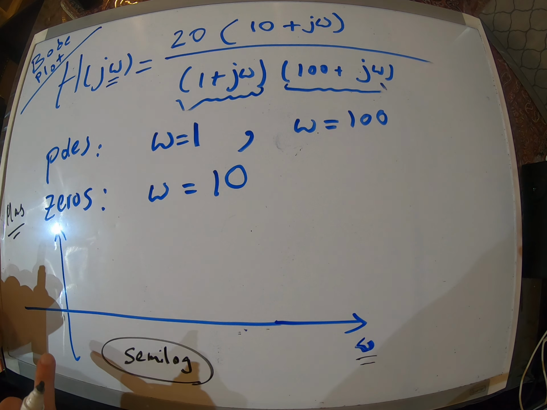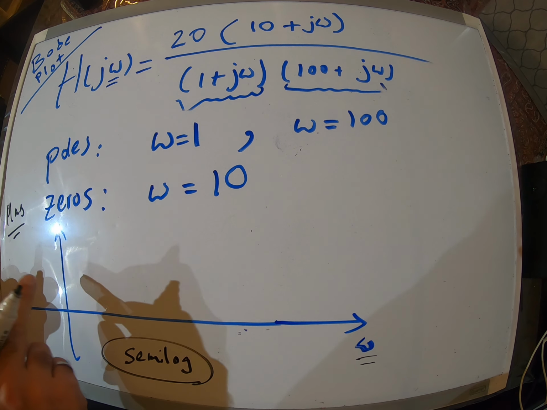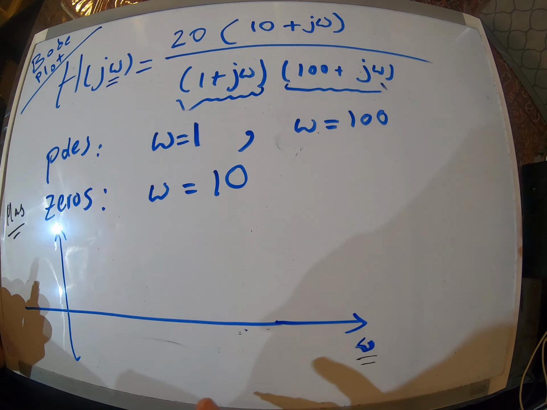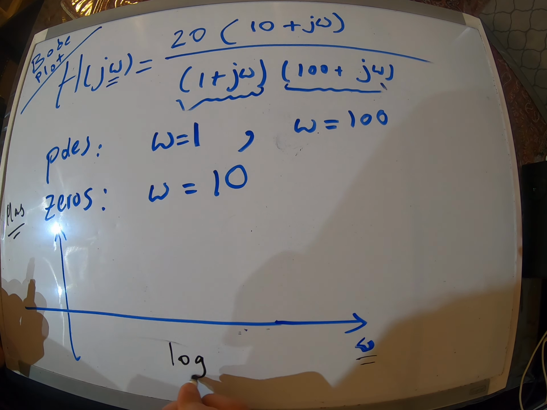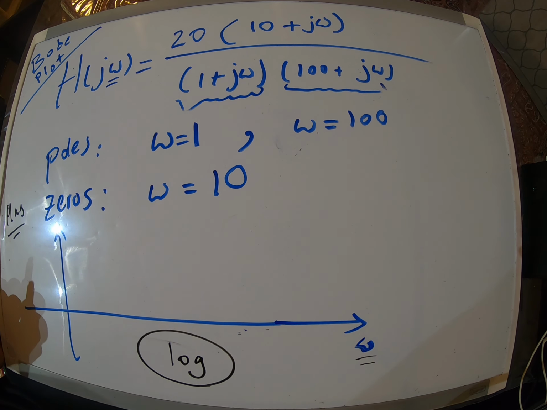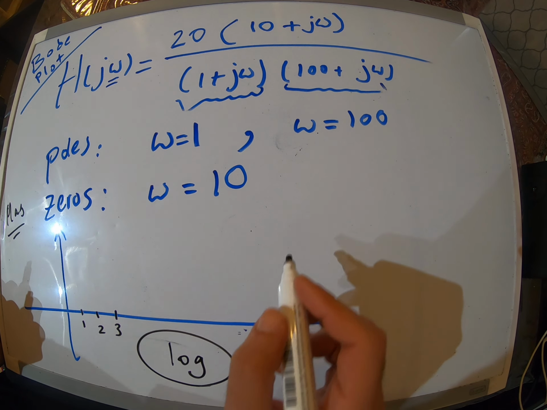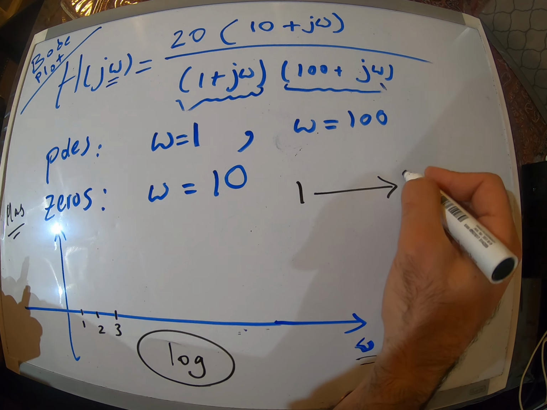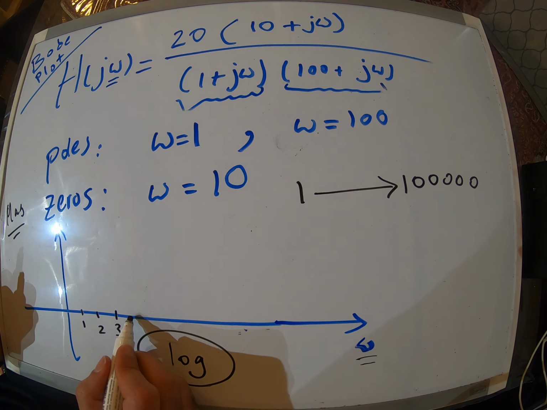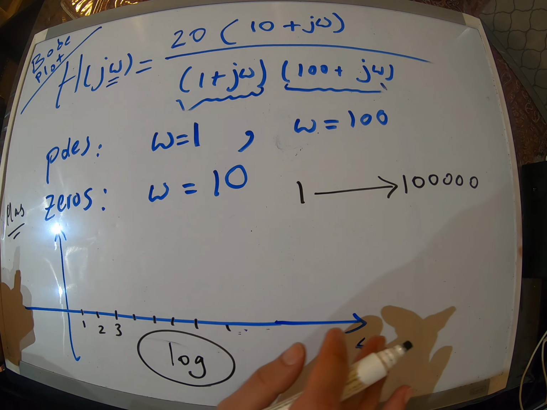The other axis is also in a log scale, and I'll get to that later, but let's go with this one: the frequency is going to be in the logarithmic scale, not linear scale. One reason is that if I want to show frequencies from 1 to 1 million with a linear scale, I have to draw a very long axis.